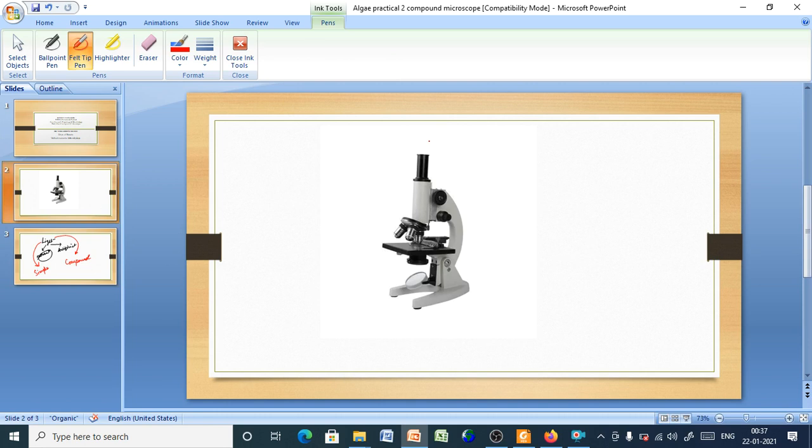So, firstly, this structure, this is actually the eyepiece. This one, rough adjustment knob.